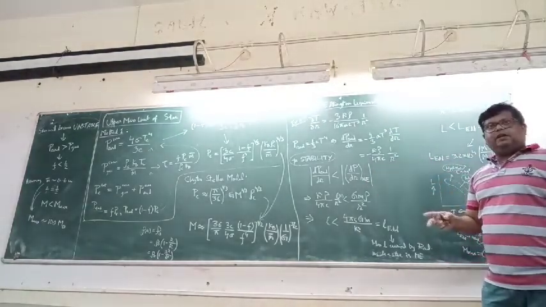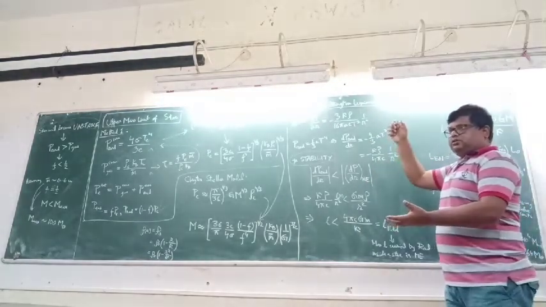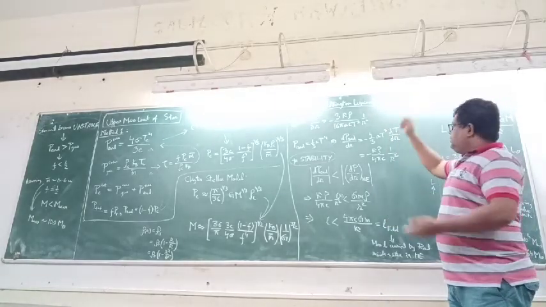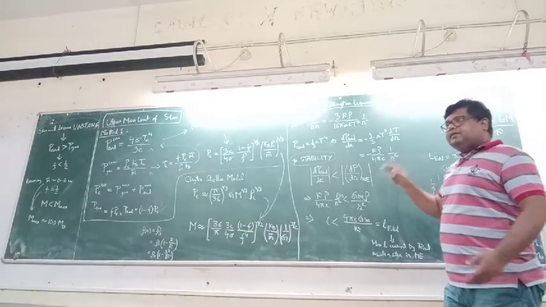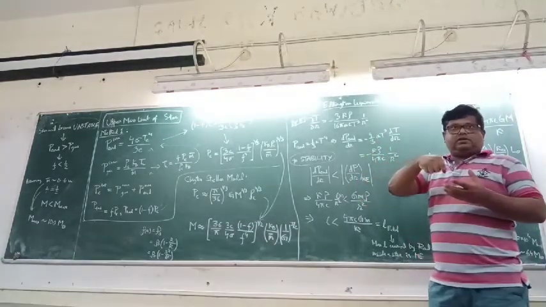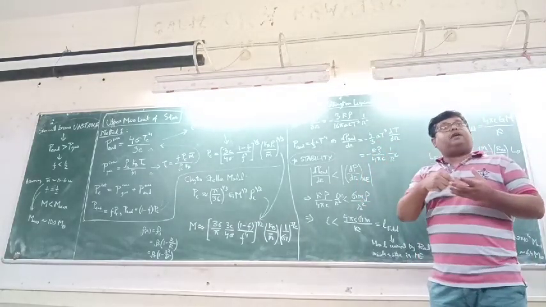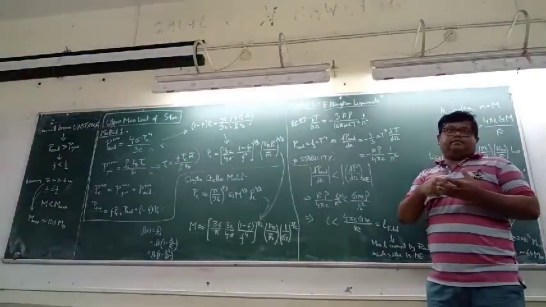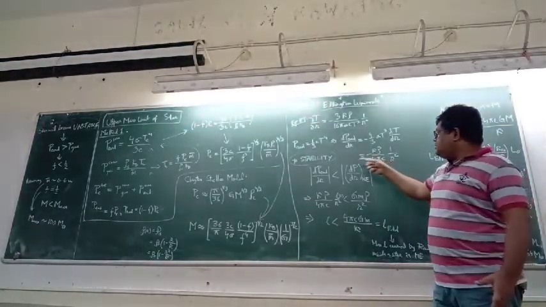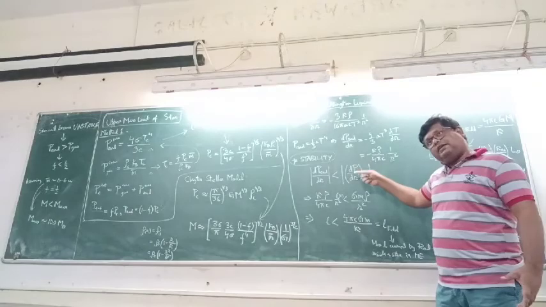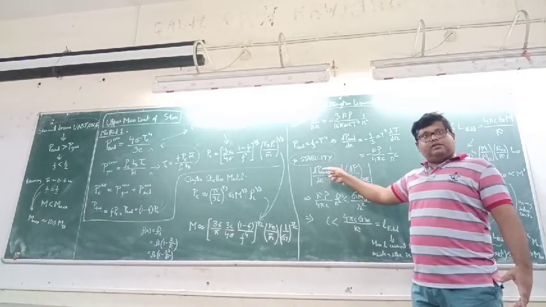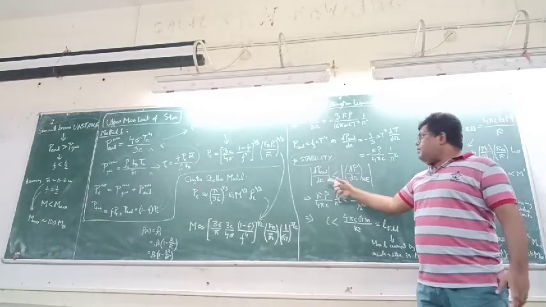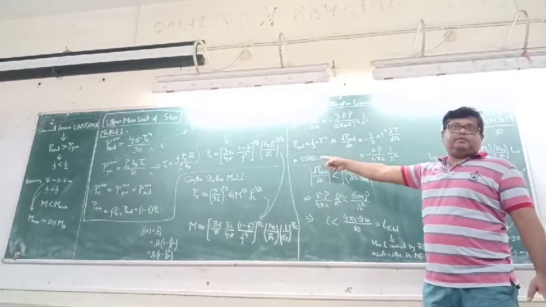Now for stability, the force on the photons from the center must be less than the inward pressure required for hydrostatic equilibrium, right? So this is the pressure gradient due to hydrostatic equilibrium, and this is due to the photon radiation. So this must hold, otherwise we cannot have stability.